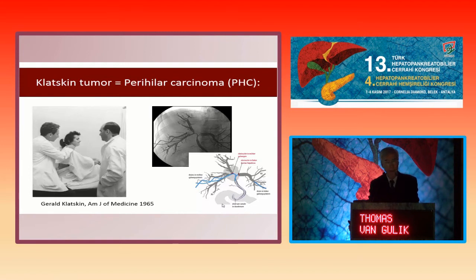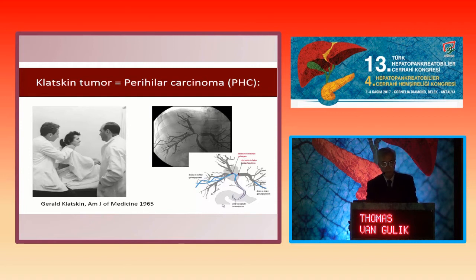I think he was more a pathologist than a surgeon, but anyway, that tumor continued to carry his name. But I think that it is better to talk about a perihilar cholangiocarcinoma, indicating those tumors which arise at the confluence of the left and right hepatic ducts.